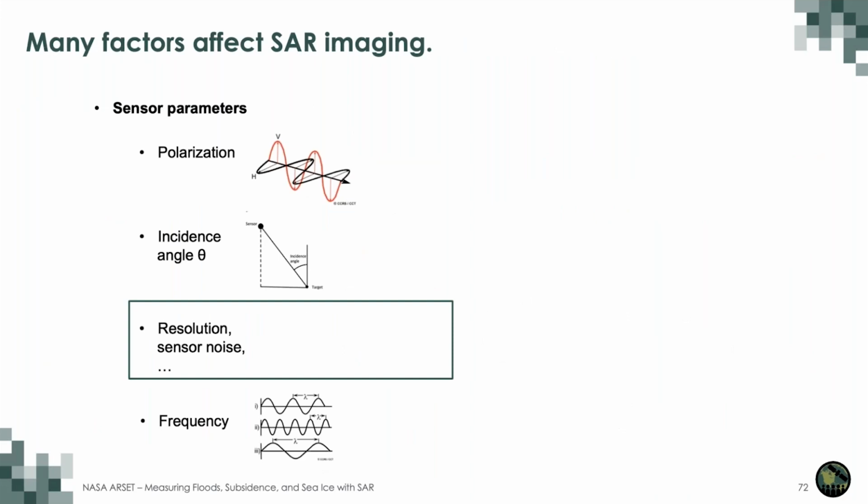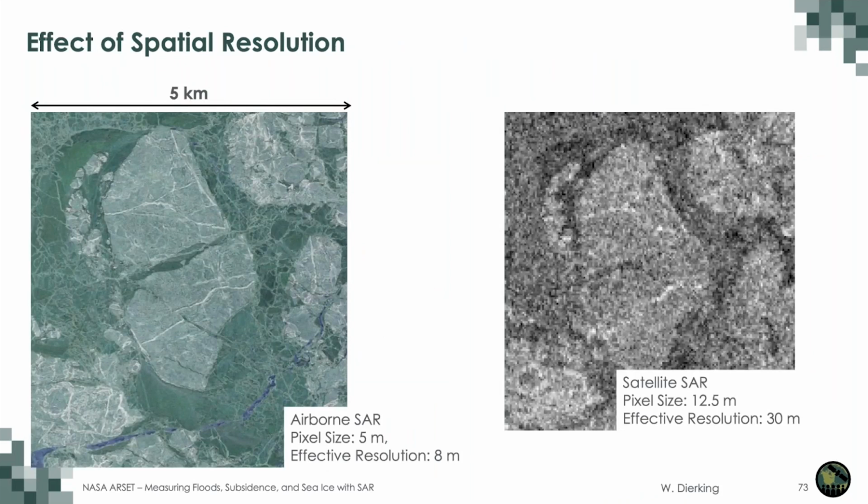So let's also talk a bit about the resolution and the sensor noise. We have talked about the incidence angle, we have talked about the polarization. Here on the left, we can see an airborne SAR image over sea ice with a pixel size of 5 meters, and on the right, a satellite SAR image with a pixel size of 12.5 meters. They were taken over the same area at the same time, and as you can see, there are quite a lot of things that you can still identify.